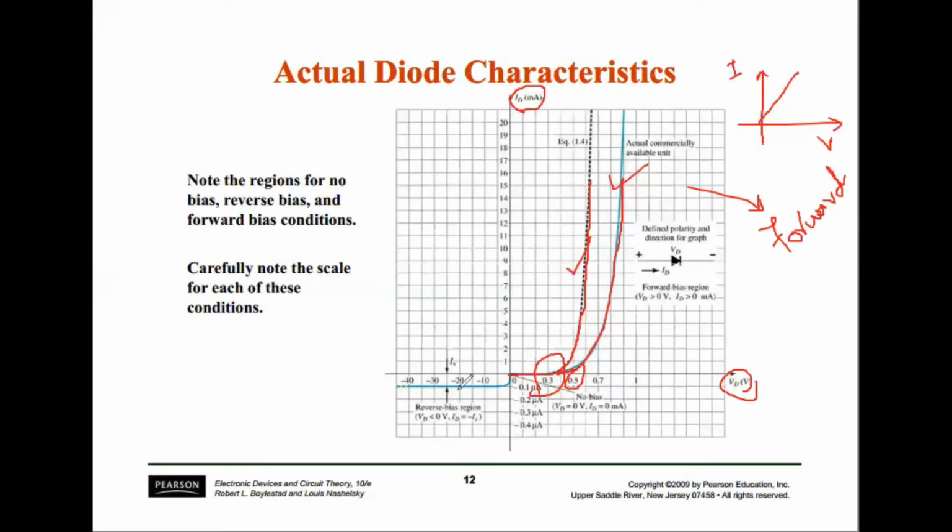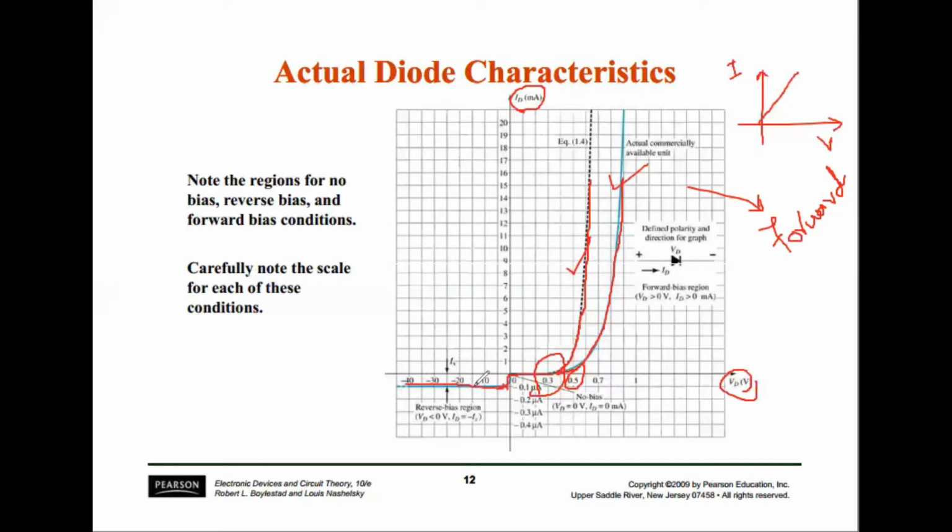Similarly, in the reverse bias region, you can see that by applying the reverse polarity, initially the current will have some value. The current will be increasing, but after a certain point, the current will remain the same and constant.